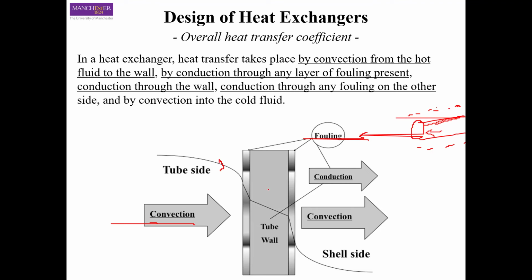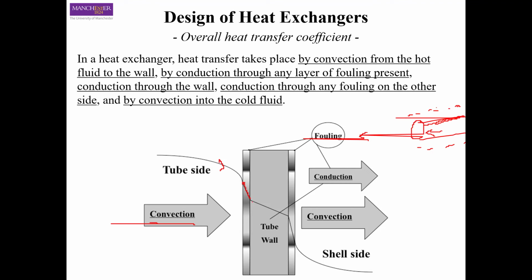And then you reach the wall, and in most cases you always get some kind of fouling, the scaling kind of thing. From this point to this point, you have conduction heat transfer inside the fouling layer on the inner side of the tube.